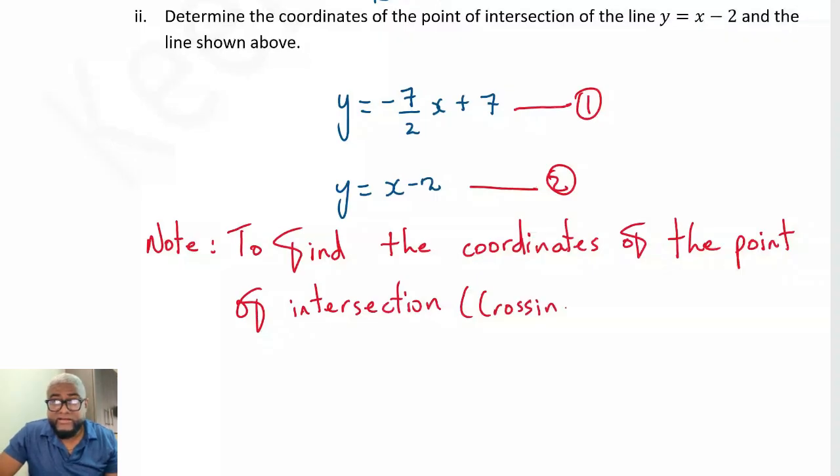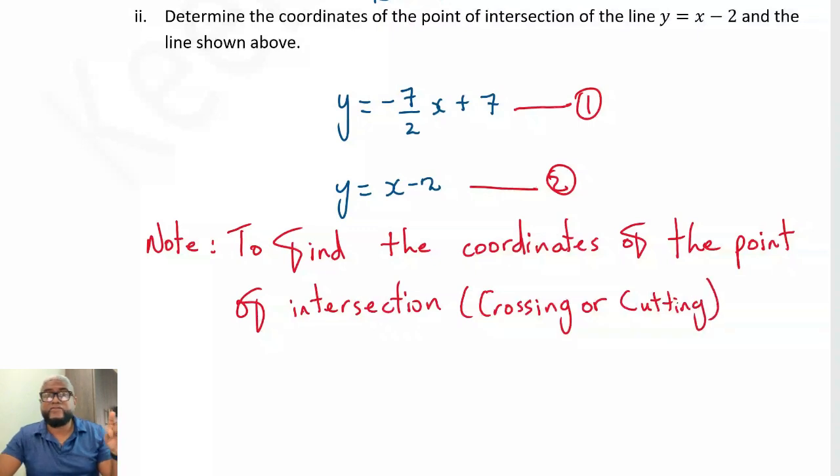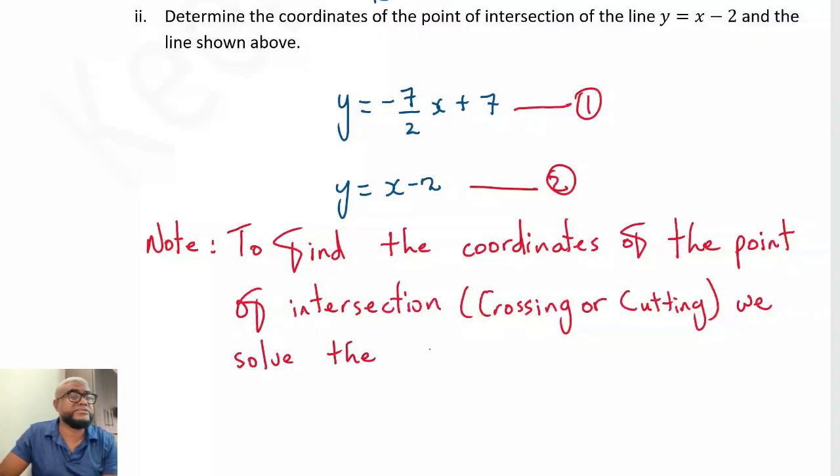Crossing or cutting or whatever you want to use, right? Cutting. So to find the coordinates of the point of intersection, which is where they cross or cut, we solve. What we do here, Yuvraj, we solve the two equations. Okay. Nice.